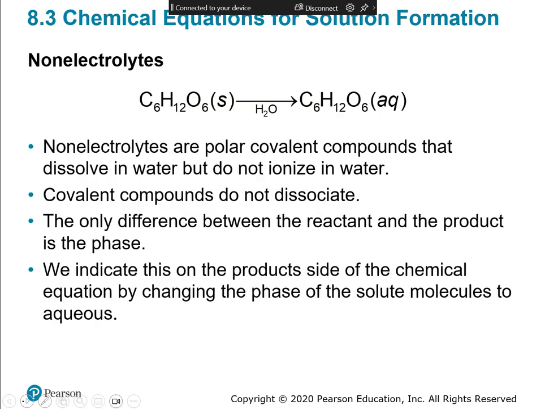Now, if I have a non-electrolyte, these are the easiest ones to recognize. So the arrow, same thing. The arrow goes left to right, and you can have the water above or below. It doesn't matter.